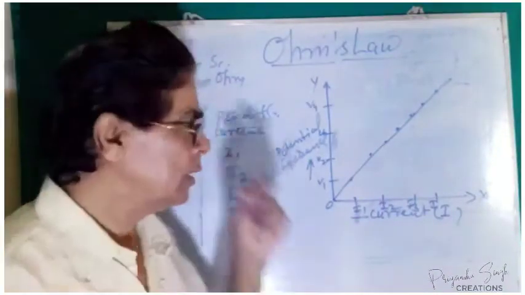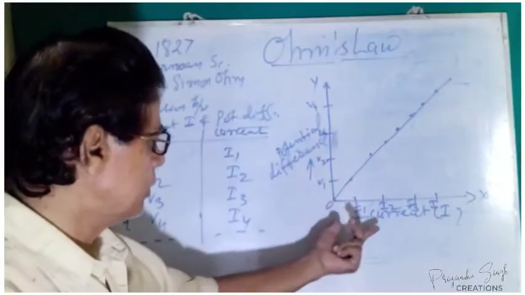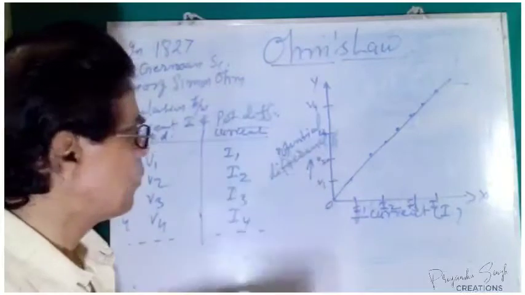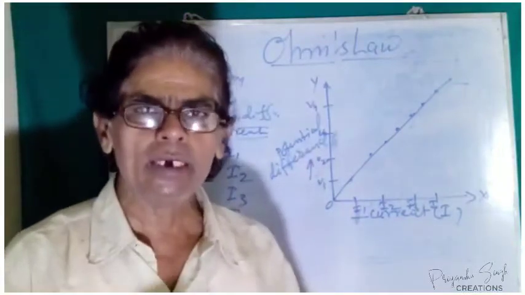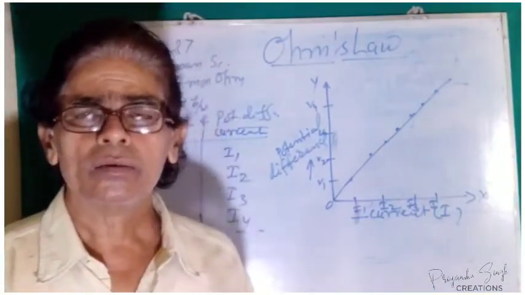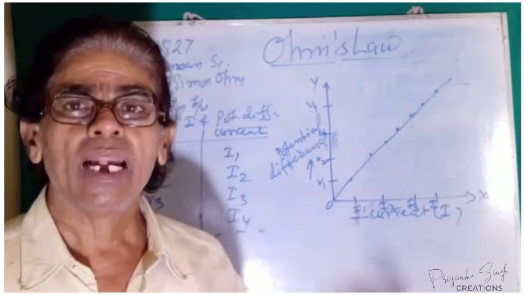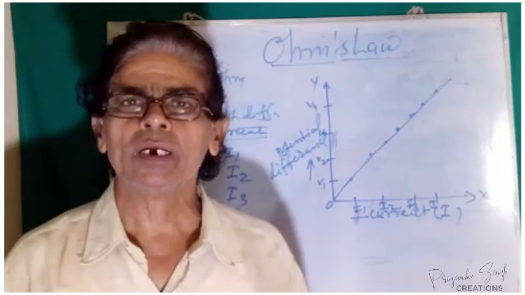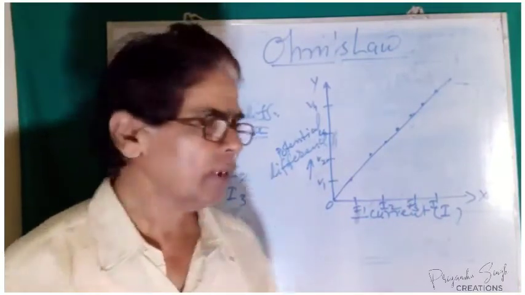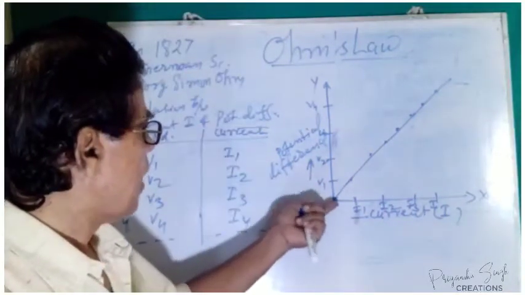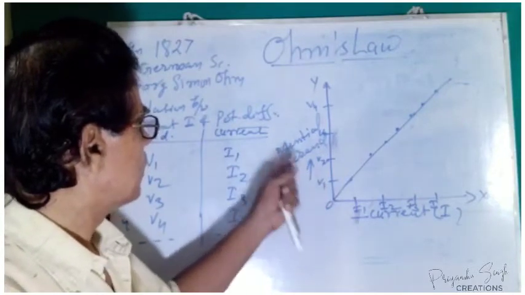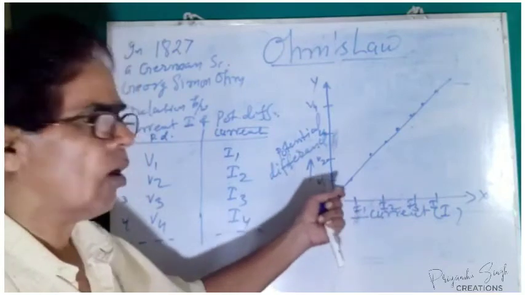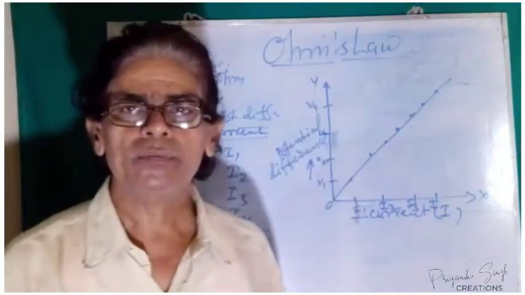It indicates that these two quantities, electric current and potential difference, are related with each other directly. There is a proportional relation between the two quantities. So when the graph was plotted between potential difference and current, he observed a straight line.